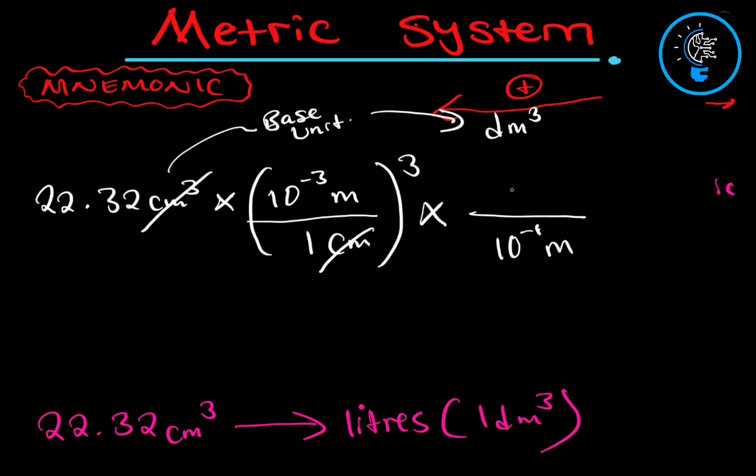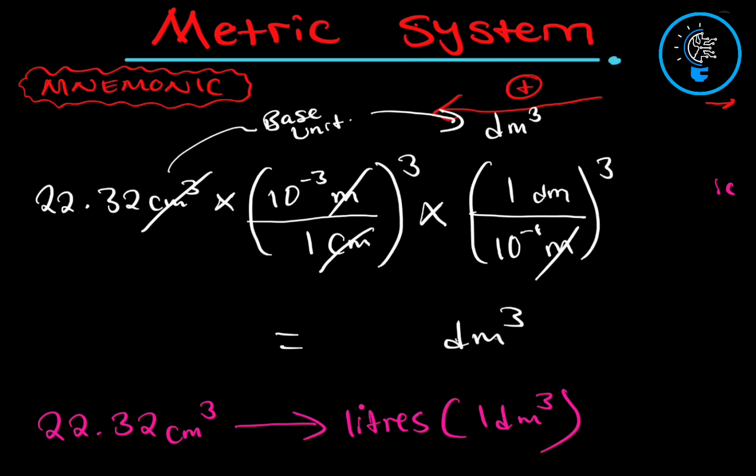On top, we're going to have 1 decimeter. Now for the unit to cancel, we need to power it to 3, so that that unit and that unit will cancel. And we're going to get our final unit as decimeter cubed. In other words, we are saying we have a liter.